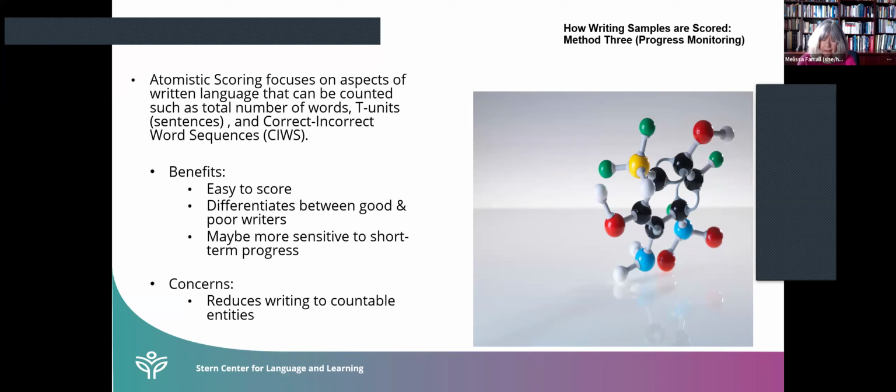So while technically counting things ultimately actually does reflect text quality, we can only count the things that lend themselves to counting, meaning there are things that are really important in written expression that we can't really count. So we can't really count passage organization. We can't really count effective use of transition words.